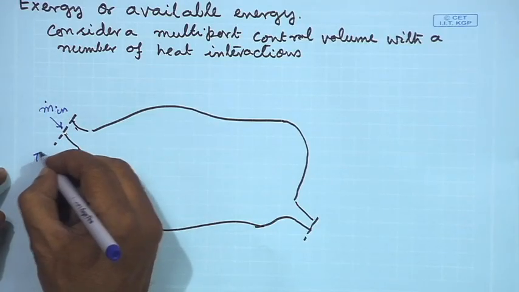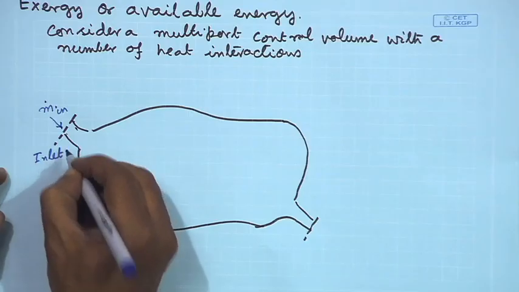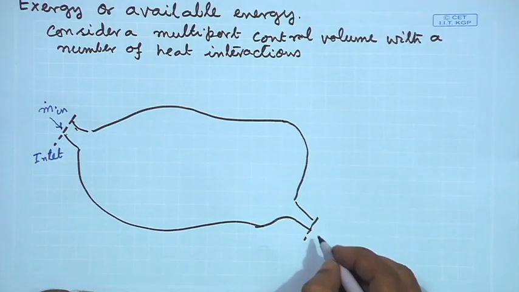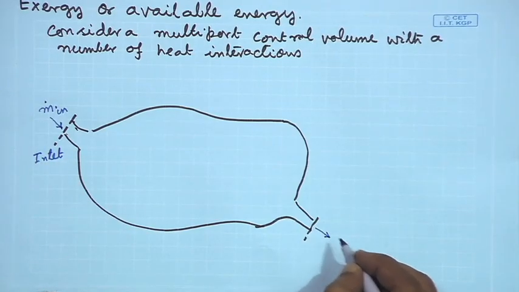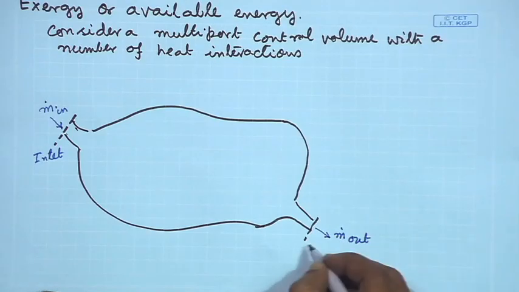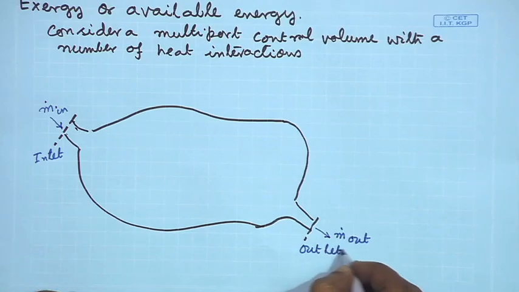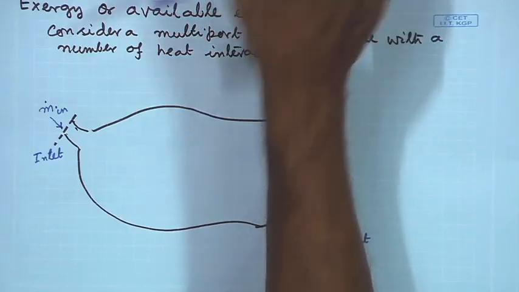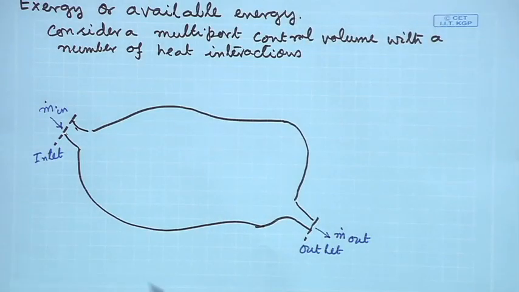This is the inlet. From this side mass is going out, so I am putting m dot out, and this is the outlet. Though I have said it is multi-port, notionally I am showing only one port for entry and one port for exit, but it has more than that.